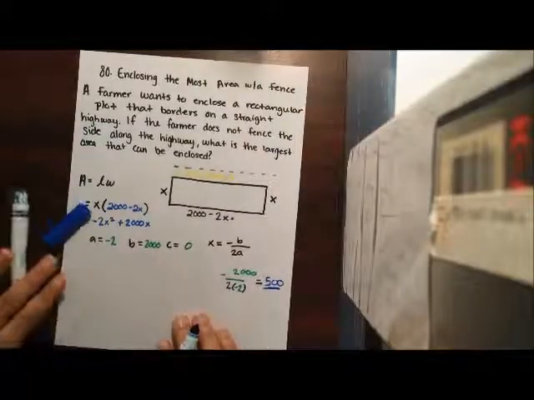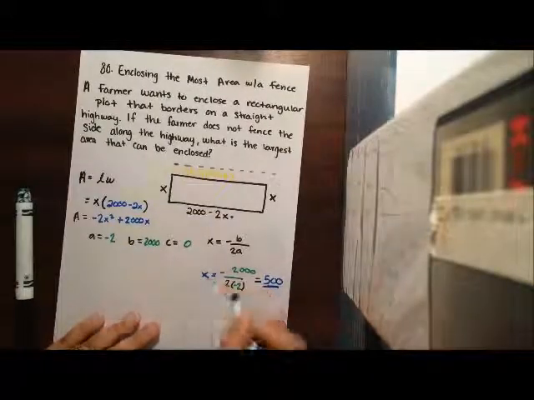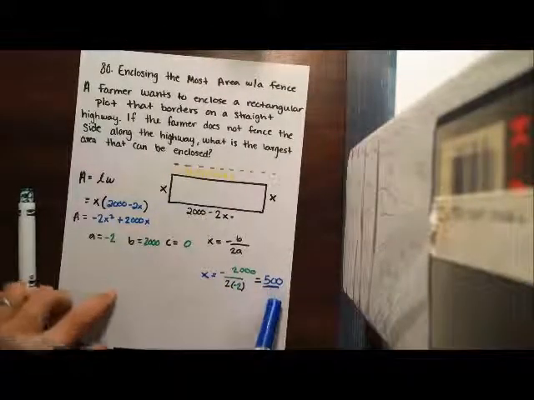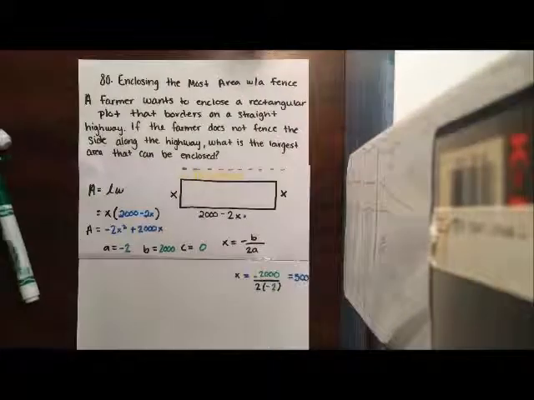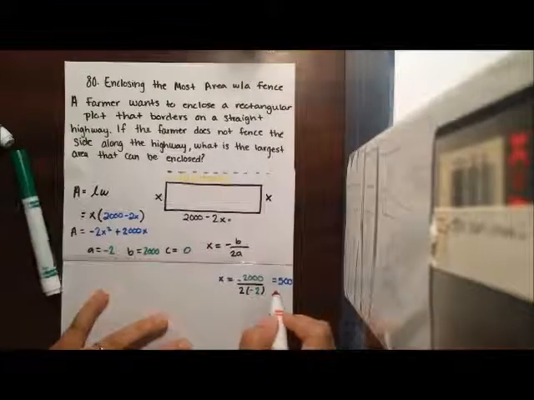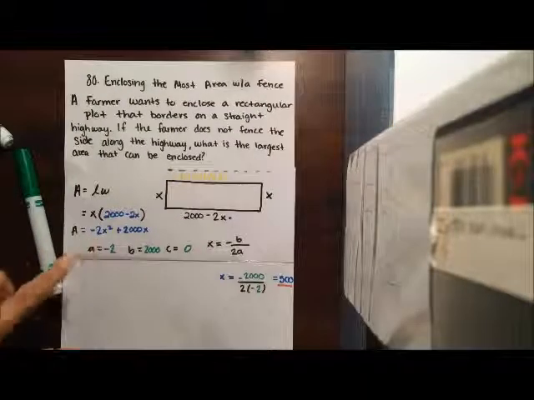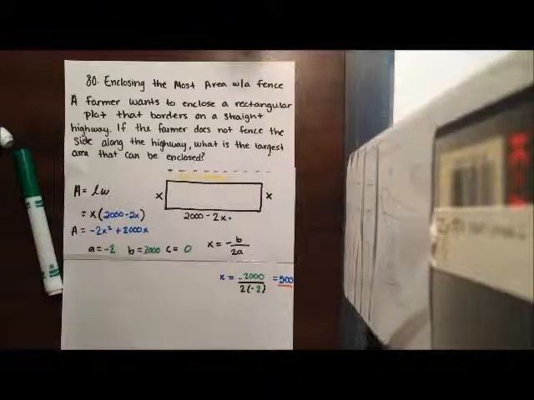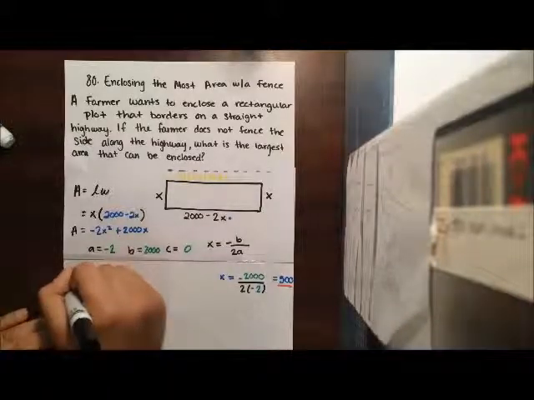Now, since 500 is x, you want to plug in this 500 into this equation so that we can find the maximum area. I'm going to put the 500 in red when I substitute it into this equation so that you'll know where that 500 came from. So it will look like this.